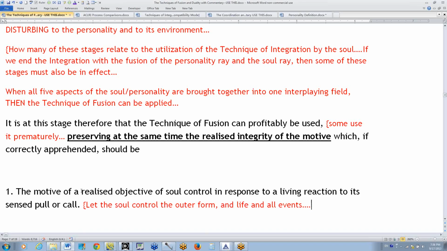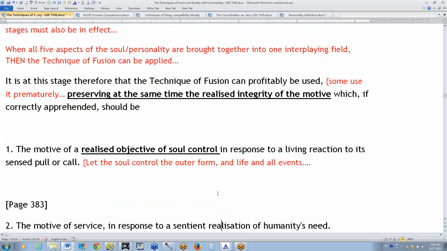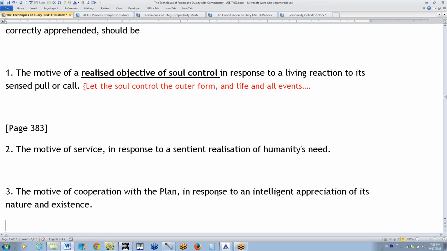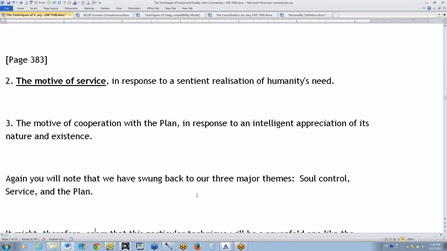So the realized objective of soul control, while the fusion is occurring, this motive is very important, and the motive of service in response to a sentient realization of humanity's need. So we have control, service, and the motive of cooperation with the plan in response to an intelligent appreciation of its nature and essence.